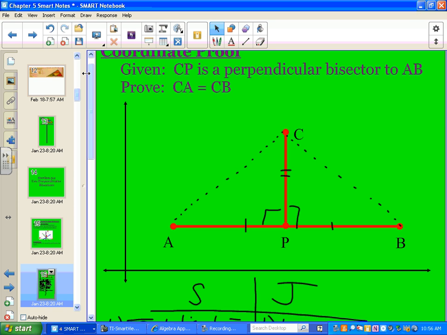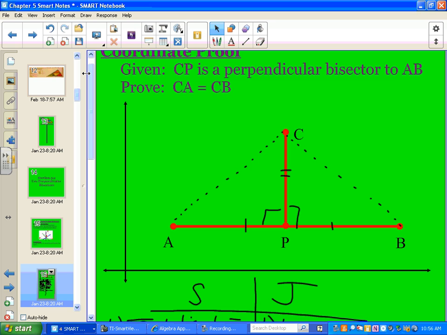What type of line does point C fall on? Tyler? No, not an angle bisector. Christina? A perpendicular bisector. CP is a perpendicular bisector. So point C falls on the perpendicular bisector.